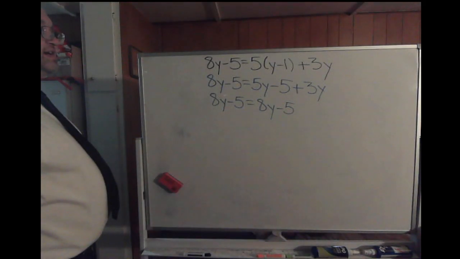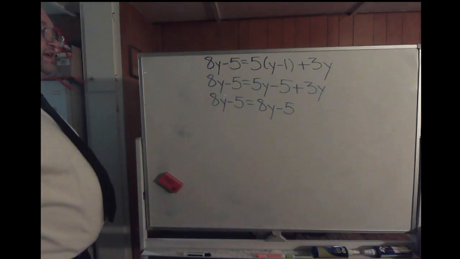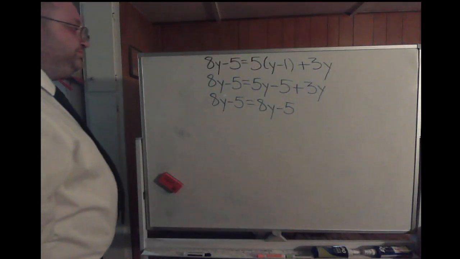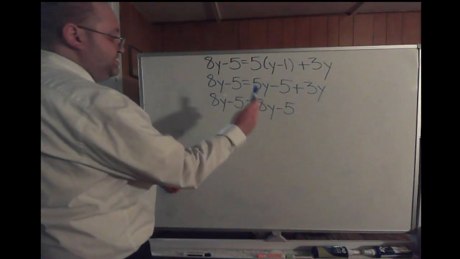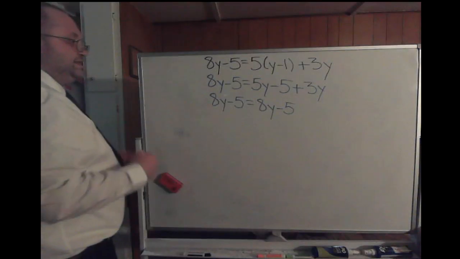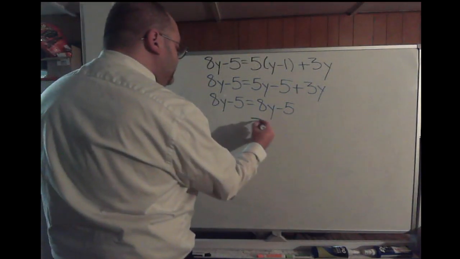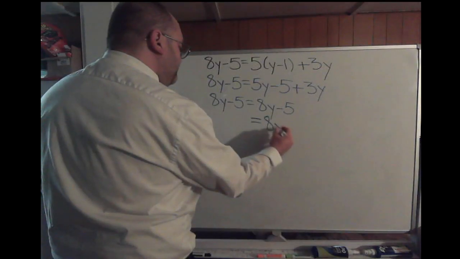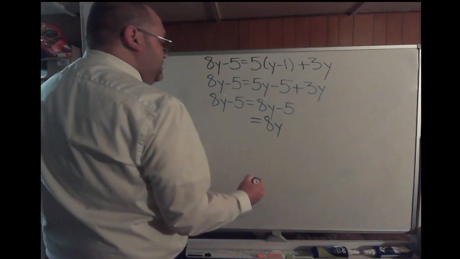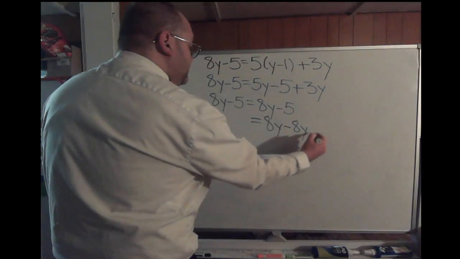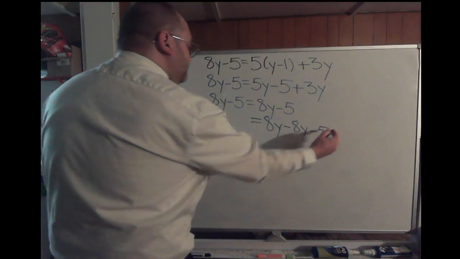We're about to discover something very interesting here. So, of course, you have a variable on the right-hand side. You want to get rid of that variable. So we have positive 8y. We need to subtract 8y. So then 8y minus 8y, then you have that minus 5 hanging out.